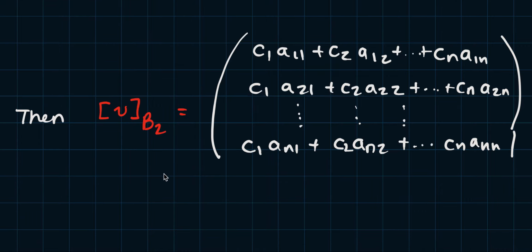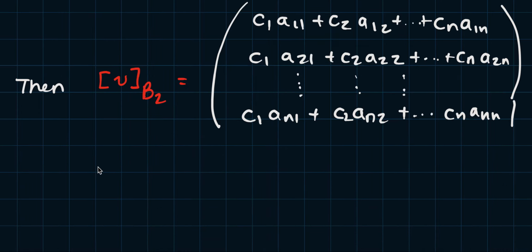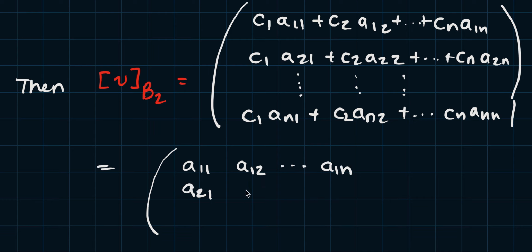This is actually equal to a product. So looking at that, you can notice that we have C1, C2, Cn for each one of these terms here. So this is equal to A11, A12, all the way to A1n, A21, A22, all the way to A2n. Now this is a matrix.